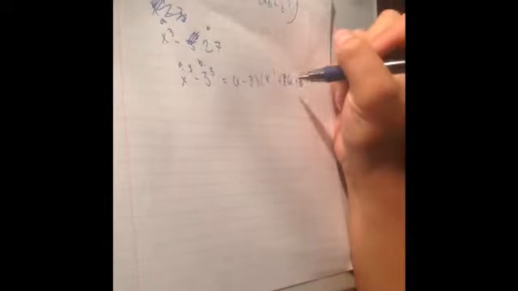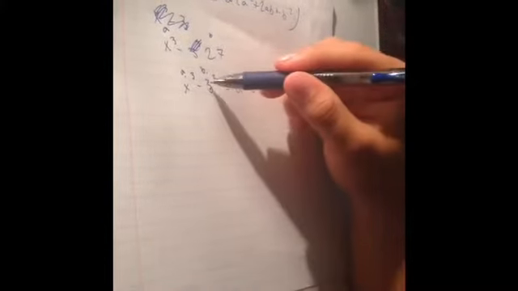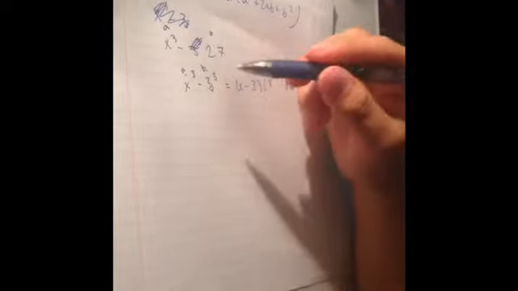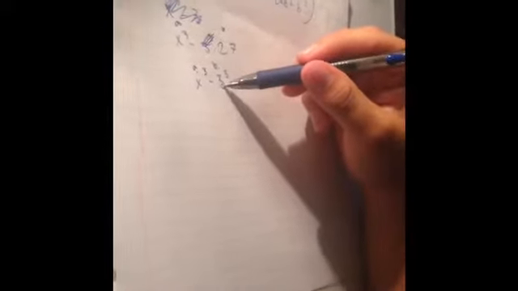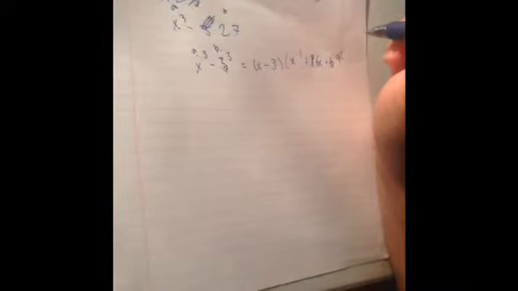The reason this is gonna be 6 and 9 is this is a 3 times 2, and this is a 3 times 3. So 3 times 2 is 6, and 3 times 3 is 9. Say if that was a 4, 4 times 2 would be 8, so we'd put 8 there, and 4 times 4 is 16, and that would be a 16 there.